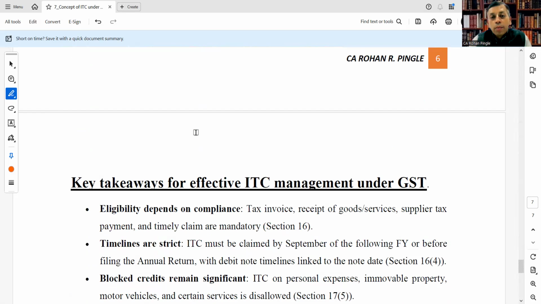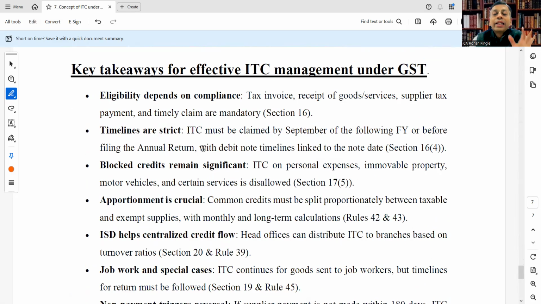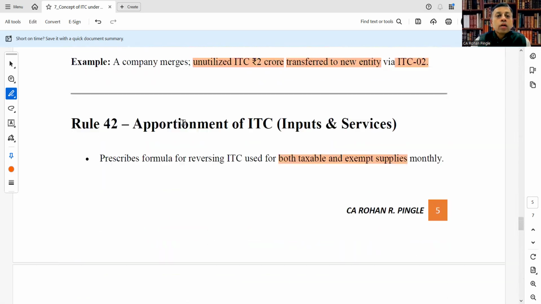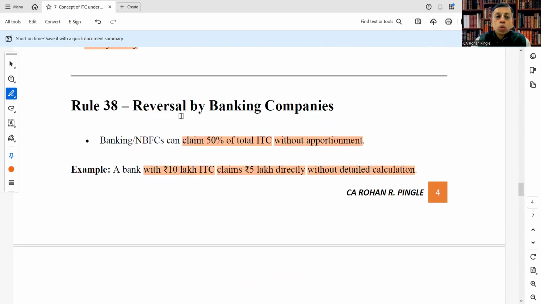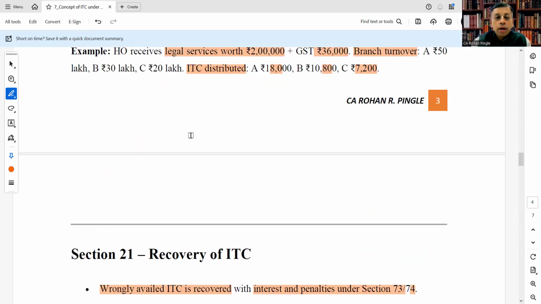And now we are moving to key takeaways for effective ITC management under GST. Hope you have understood what Section 16 to Section 21 and 22 cover, and Rule 36 to 45. Just have a glance.